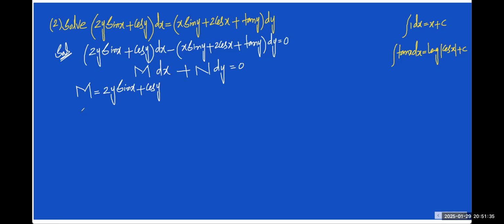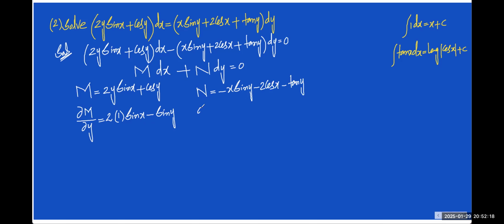Dou m by dou y. With respect to y, 2 is a constant, y with respect to y becomes 1, and multiplied terms stay as they are. So 2 into 1 into sin x, and cos y gives minus sin y. Any doubt in this? N value, all the terms are negative: minus x sin y minus 2 cos x minus tan y.